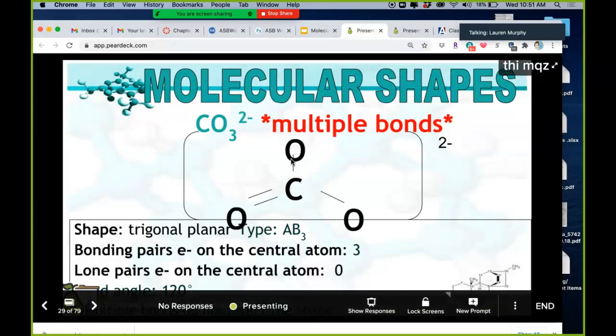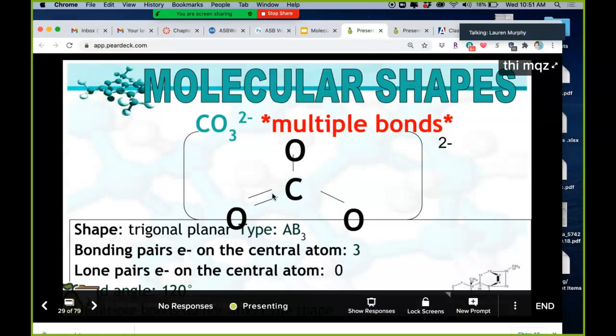So a question that was asked earlier, I'm going to address it here, and you don't need to draw this, but this is the structure for carbonate. It has resonance. The double bond in here does not change the molecular shape. So this is still a central atom bonded to 3 things, AB3, and AB3 is trigonal planar.